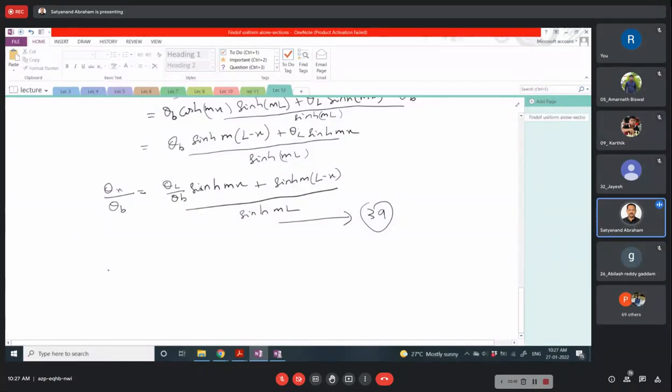Now what is more important is to see how much is the heat transfer from the fin. Okay. So more important is heat transfer from fin. How can we find heat transfer from fin?